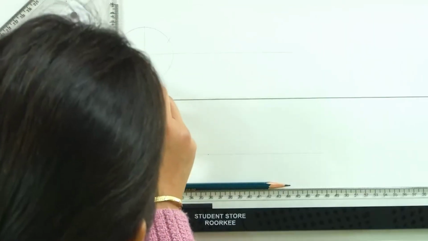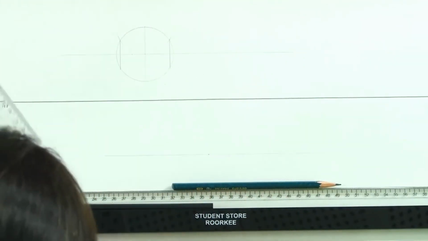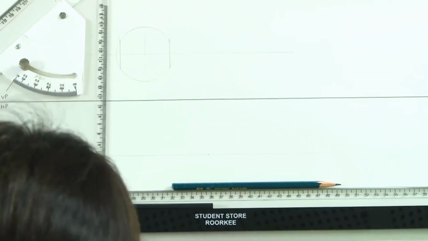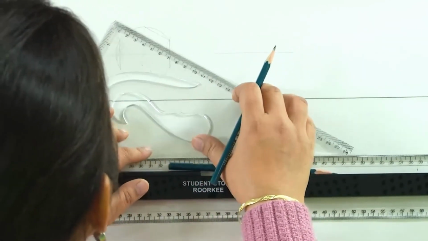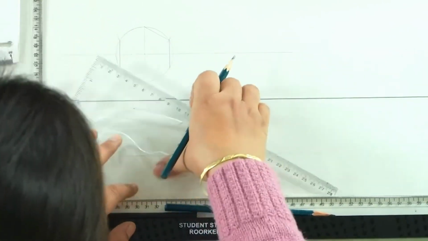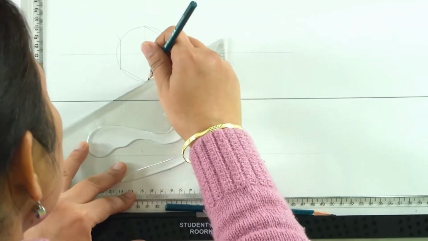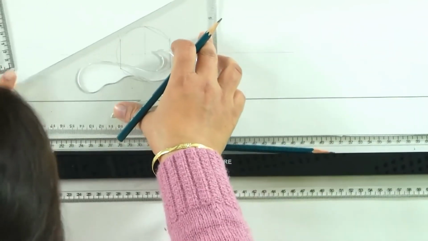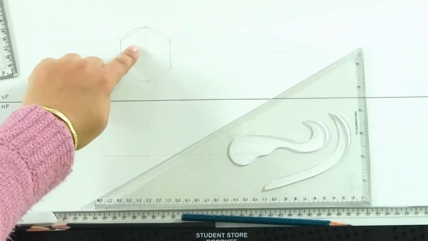This is the initial hexagon that we will get, assuming that it is parallel to VP. So this is the hexagon in question.